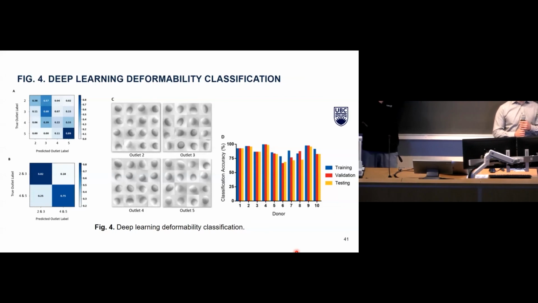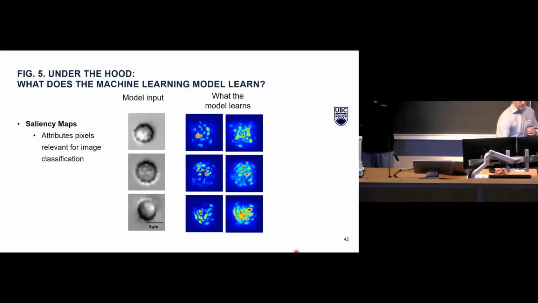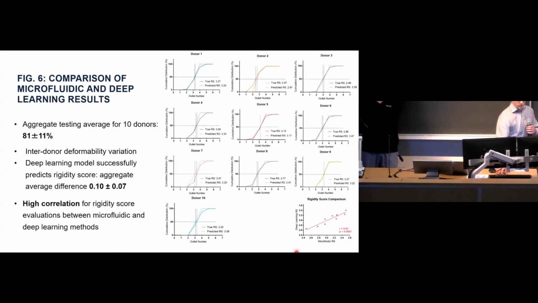And we didn't see a substantial decrease in accuracy of those final rigidity score results. We still found a 0.1 aggregate average difference between the microfluidic and deep learning derived rigidity score. So we didn't lose a lot of accuracy in this approach. Does that answer your question?